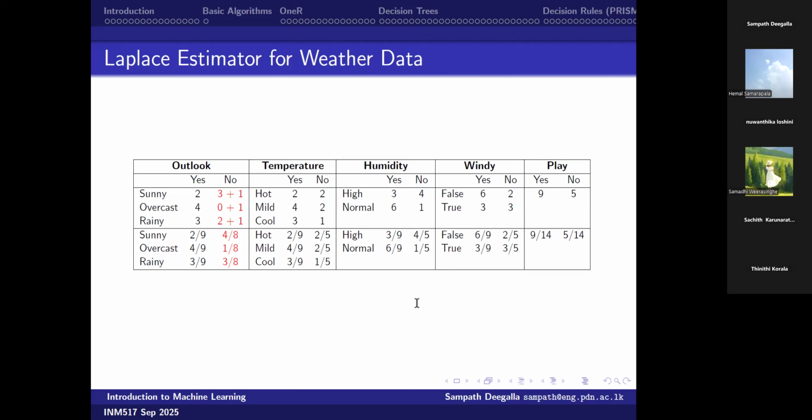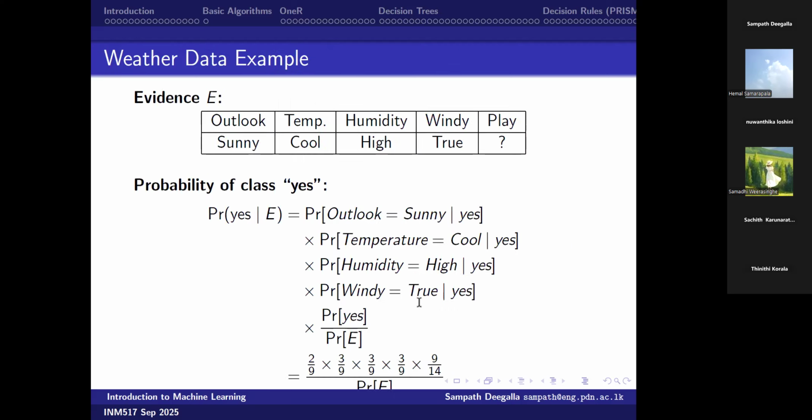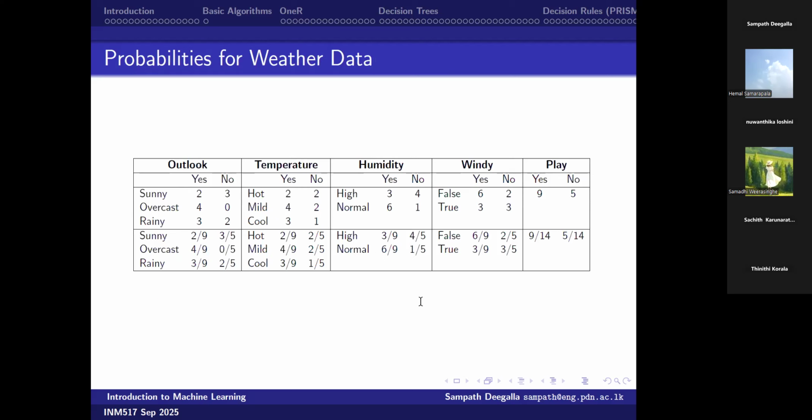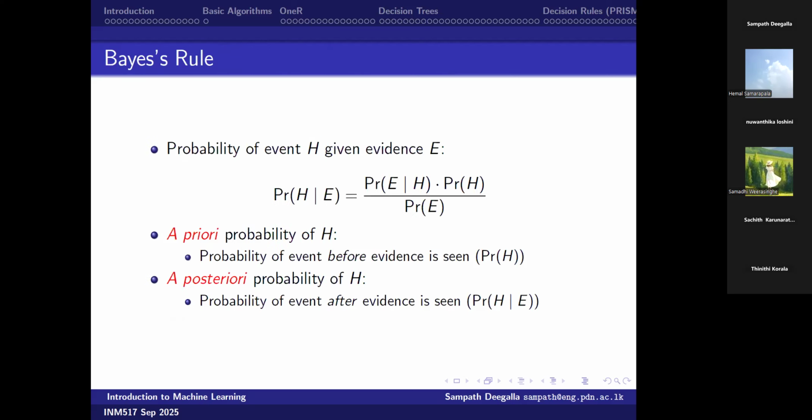Okay, but before that, let me show you mathematically how you do this. One thing I didn't discuss is that this idea of calculating prior probabilities and posterior probabilities comes with the Bayes rule. Given the evidence, we need to find out the probability of the event H. H here could be yes and no. The evidence in this particular case is the new date.